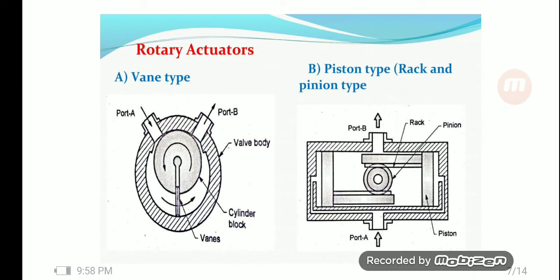At the center, the rack and pinion arrangement is made. When the pistons come closer to each other, the rack and pinion work and the pressurized fluid is given out from port B.